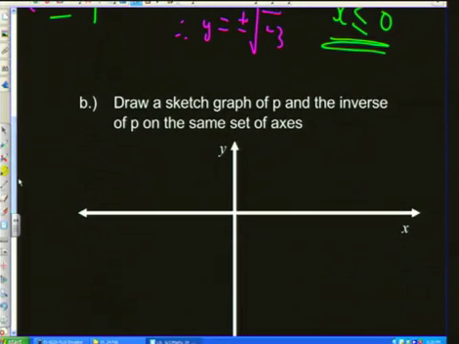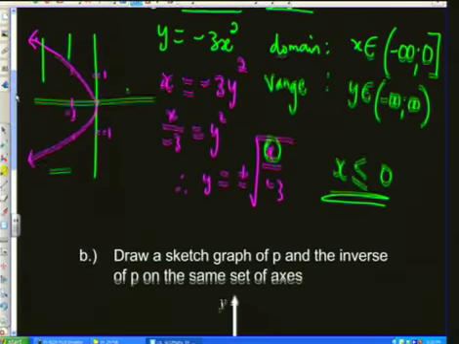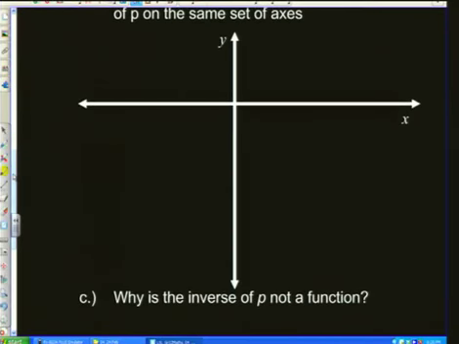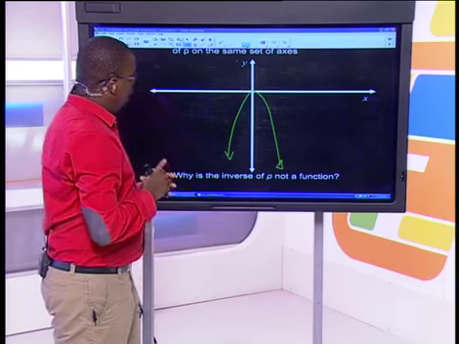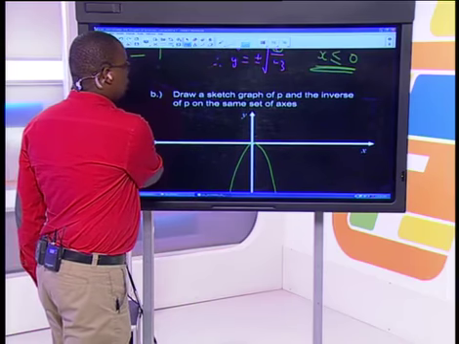It's saying draw a sketch graph of P and the inverse of P on the same set of axes. Now, we've got y equals minus 3x squared. This graph is roughly through naught and naught, and it's negative. I'm sure you can all do that. Now, the inverse, because we restricted here, we said x should be less than or equal to 0.